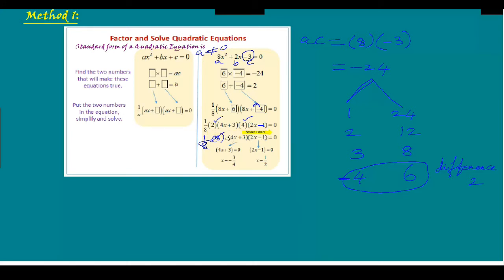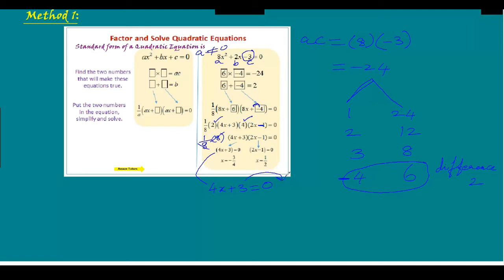That is the reason we equate each factor to 0. Either this should be 0 or this should be 0. That is why we are writing two equations: 4x plus 3 equals 0, 2x minus 1 is equal to 0. Now solve each equation. That will give you the two solutions of the given quadratic. As you know, you have to take the numbers to the other side.